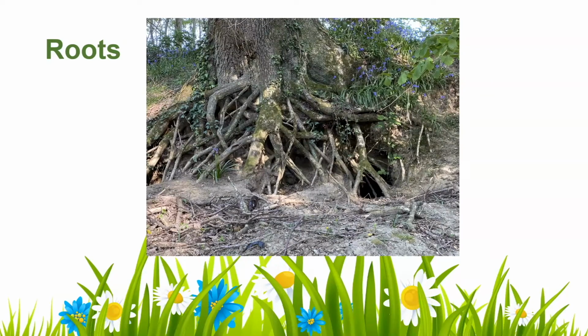However, if you look at the bottom of the tree, badgers have made their home there. This has helped us to see the amount and types of root that the tree has in order to hold it stable and to absorb water.